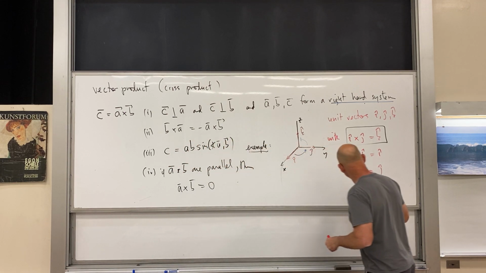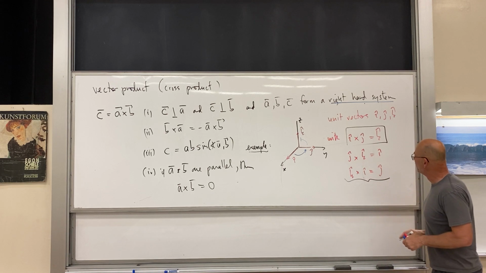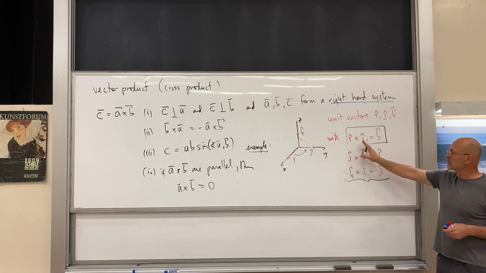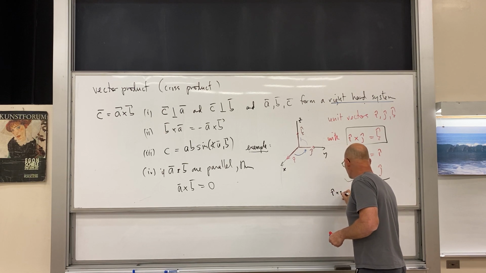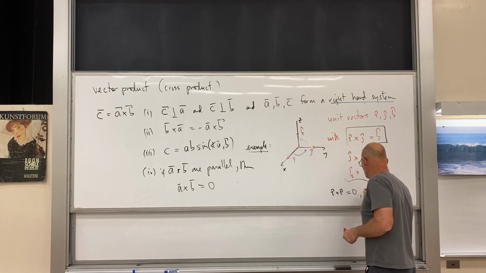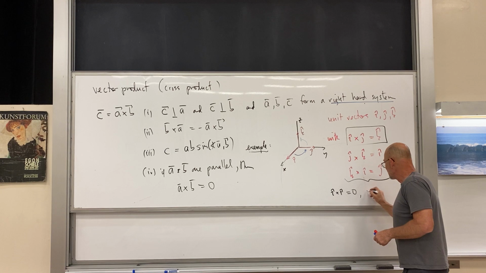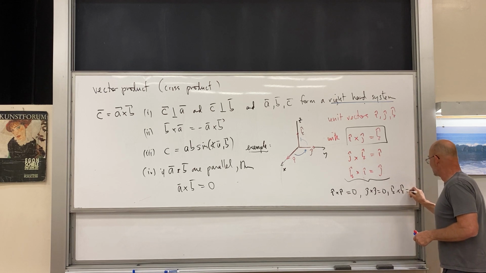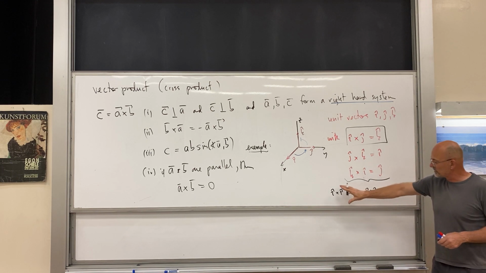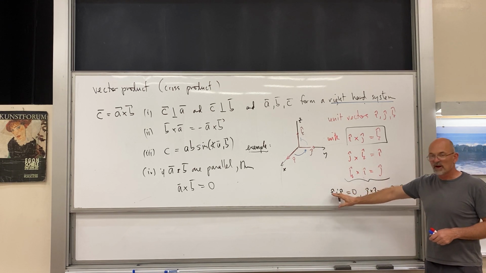So in addition to these properties here, we also can say I hat cross I hat equals 0, J hat cross J hat equals 0, and the same for K hat. Okay, so a vector cross product with itself vanishes.